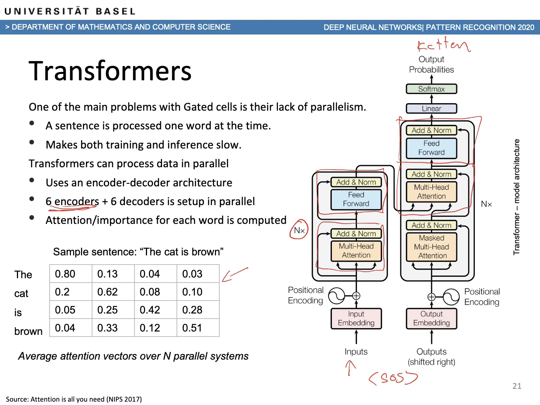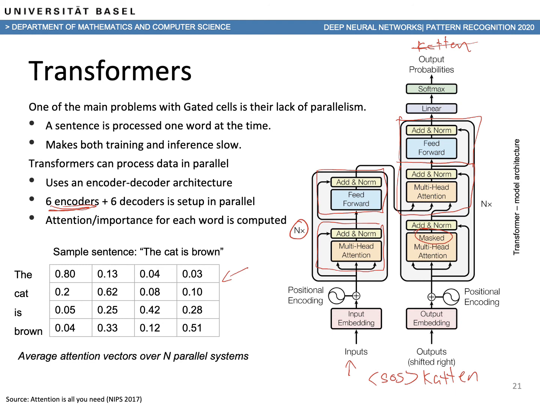Then this word gets removed from here and goes down to the input. So there's still some recurrent stuff happening here, at least in the decoder. Then we're feeding the first word into the network, which is why we have this masked multi-head attention.